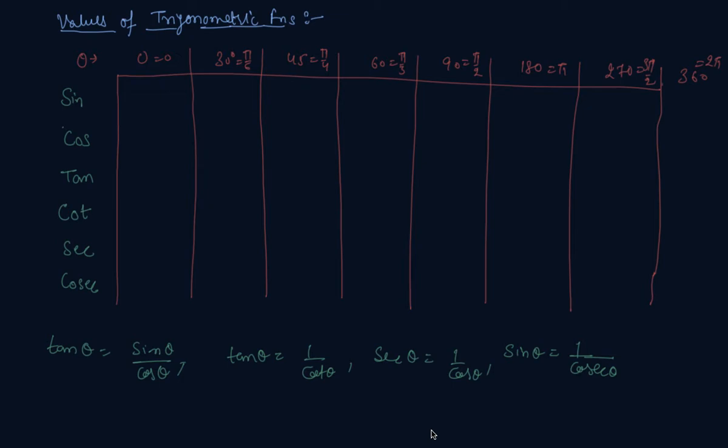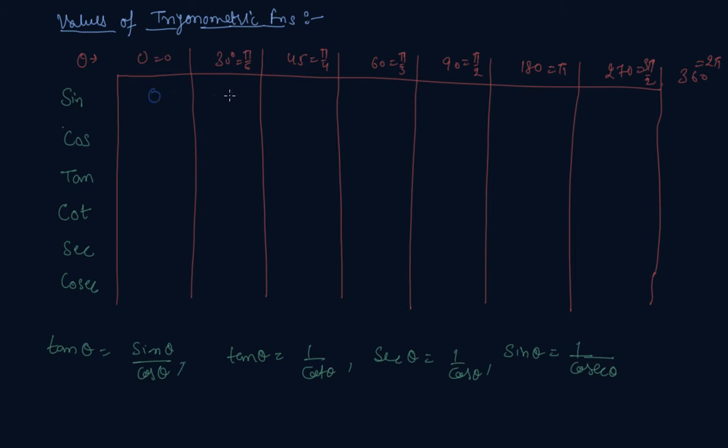So students, now I am writing the values of all these trigonometric functions one by one. And these values you can see from the graph which I have made in the previous lectures of all the trigonometric functions. So you can observe the value of these trigonometric functions from the graph also.